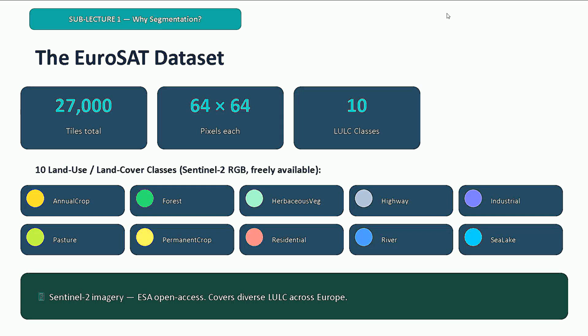This is useful for learning how semantic segmentation methods work, but it's not a true pixel level segmentation dataset. In real-world segmentation projects, you would use datasets with manually annotated pixel level masks, where every pixel has its own ground truth class.